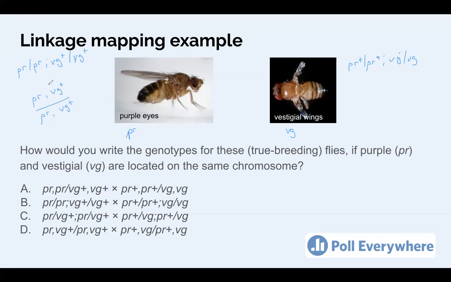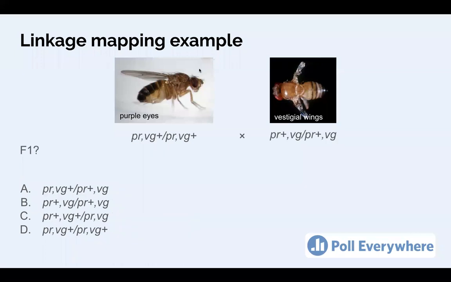I wrote it in this more handwritten version with the flat horizontal line, but that's the same notation as PR comma VG plus, PR comma VG plus. So I think I'd probably have only one option that looks like that. We could also do the other fly, so PR plus VG, PR plus VG is what this looks like too. All right, so we've got their genotypes established.